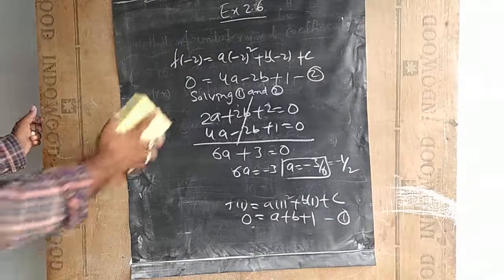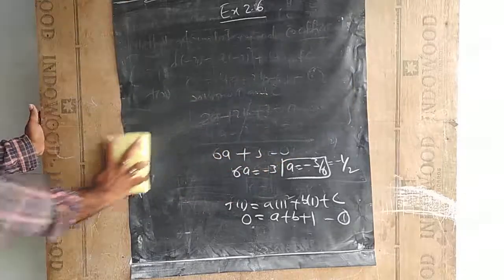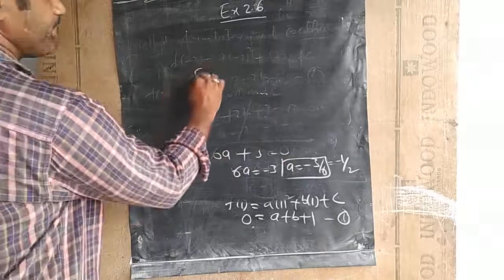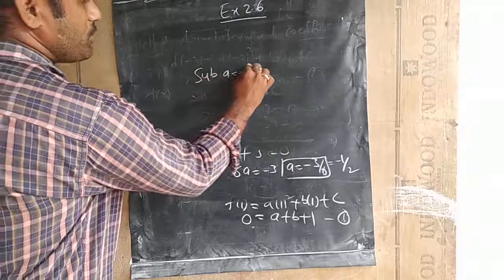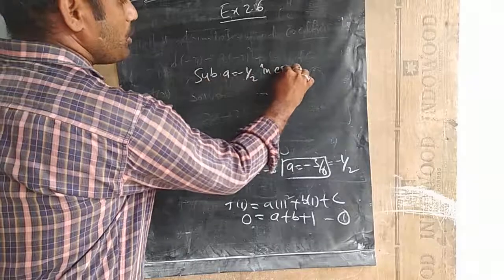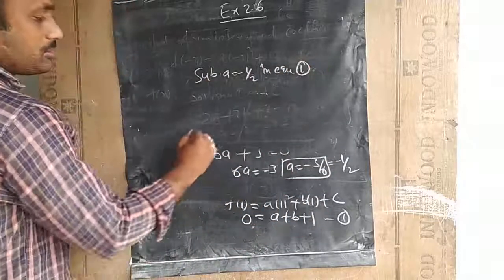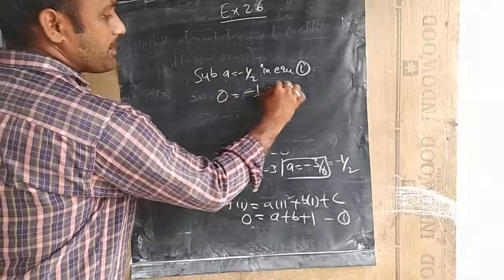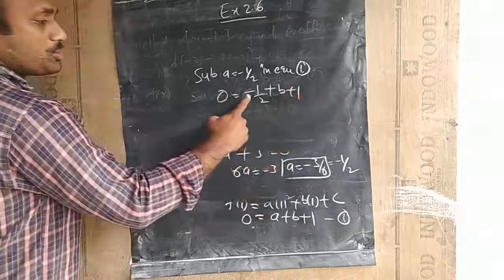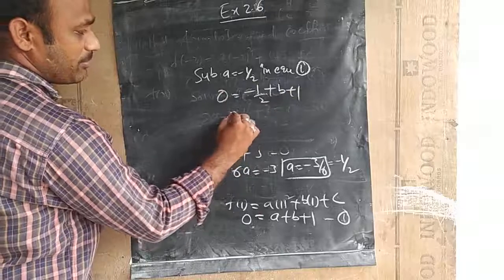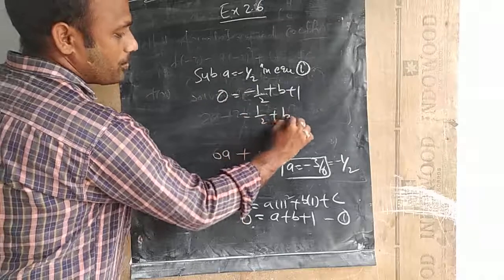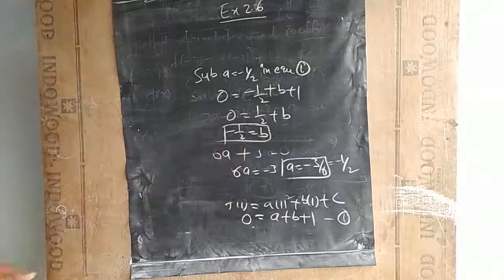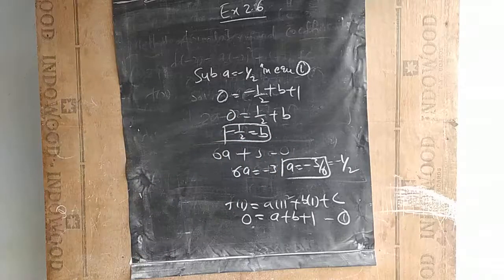So a is minus 1 by 2. Now substitute a is equal to minus 1 by 2 in equation 1. So 0 is equal to minus 1 by 2 plus b plus 1. So minus 1 by 2 plus 1 will be plus 1 by 2. 1 by 2 plus b is equal to 0. So the b value is also minus 1 by 2. Now we got the a value, b value and c value.